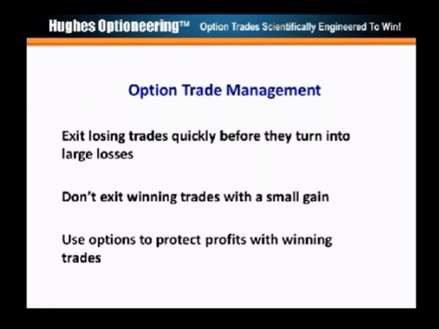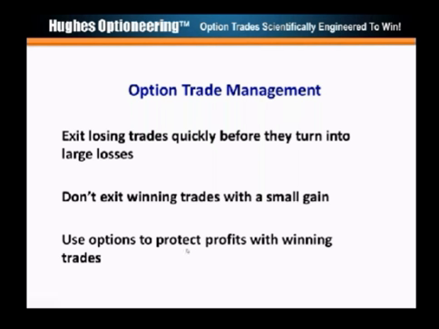Okay, so once we select the directional option trade, then we have 3 trade management rules. We exit our losing trades quickly before they turn into large losses, and we don't exit winning trades with a small gain. And I'll show you how we don't have to exit our winning trades with a small gain, because we'll create a spread.